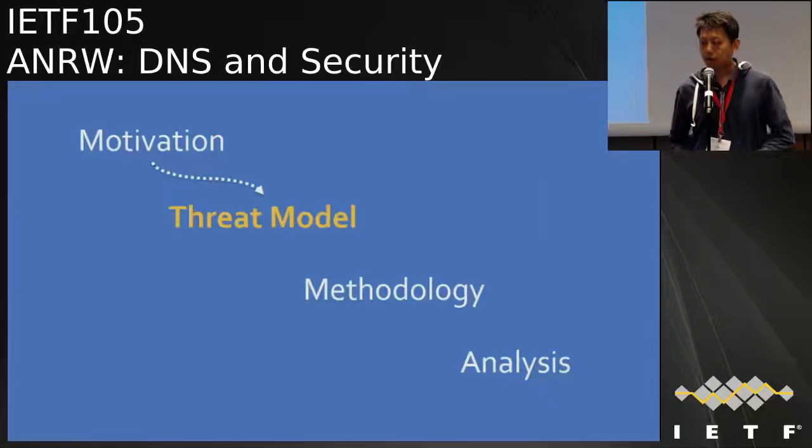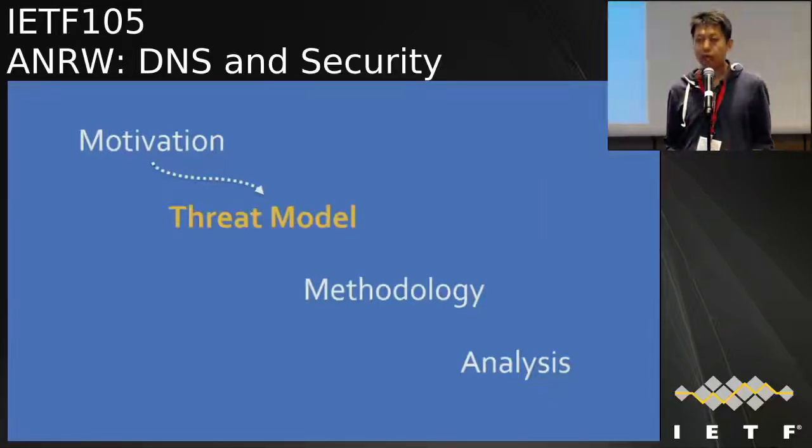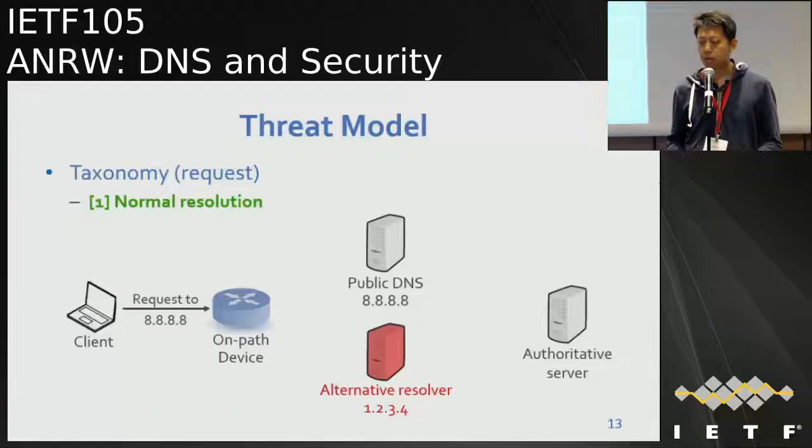So let's first come to the threat model. In the previous example, we only introduced one way to do DNS interception, and it turns out there are a few more ways to do that. Let's first come to our basic picture. Say we have these five parties. We have a client, public DNS, and the authoritative server. They are the normal parties handling your DNS requests and responses.